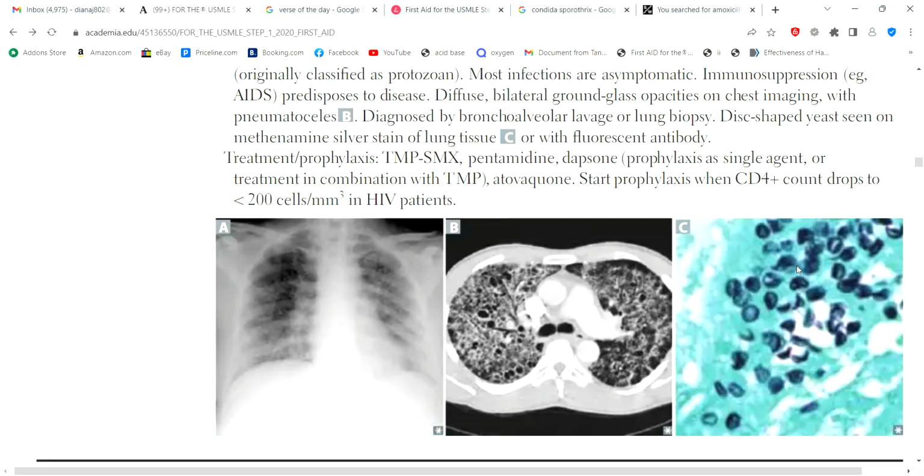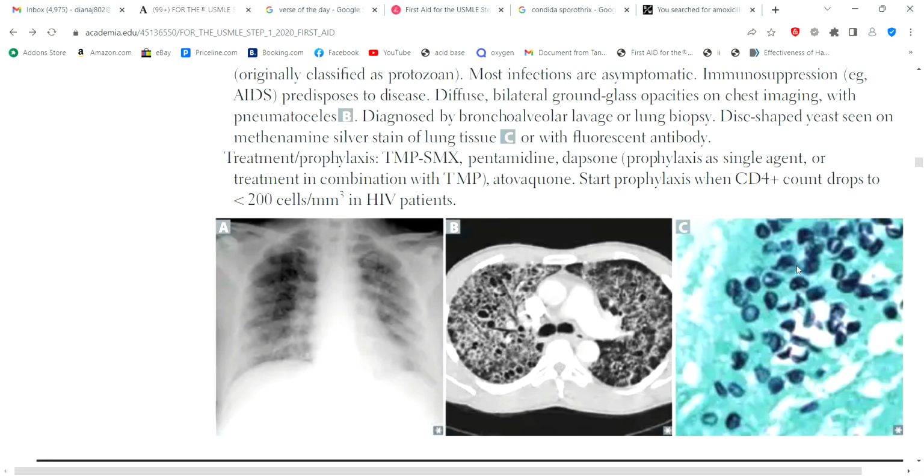Now, if they already have a CD4 count of 150, and they have this ground glass appearance on the chest imaging, they already have the disease, the PCP pneumonia. It is an AIDS-defining illness. Okay.